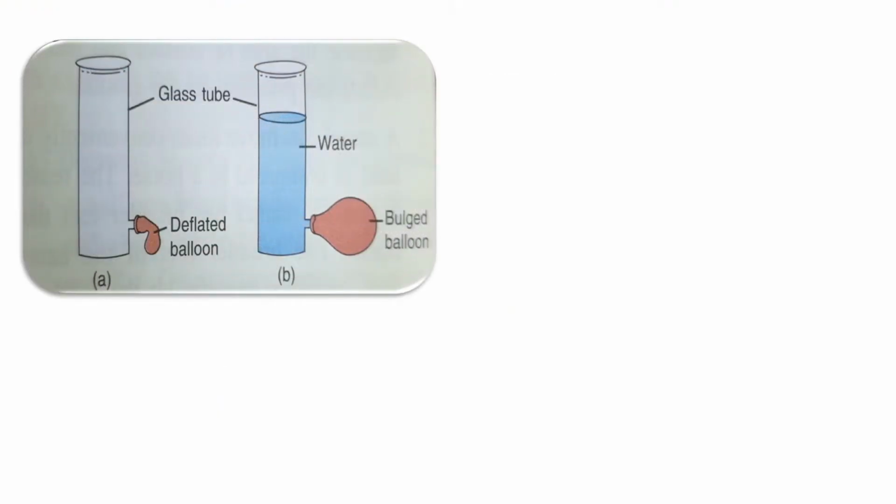Let's see one more activity. In this activity, we have taken a glass tube which is closed at one end and has an opening in its side near the bottom. Now we will tie a balloon at the side opening of the tube and hold the tube vertically as shown in figure A. Next we will pour some water in the tube as visible in figure B. Now what will you notice?